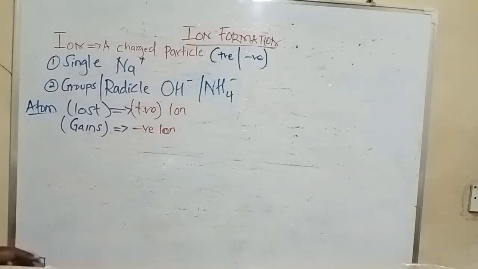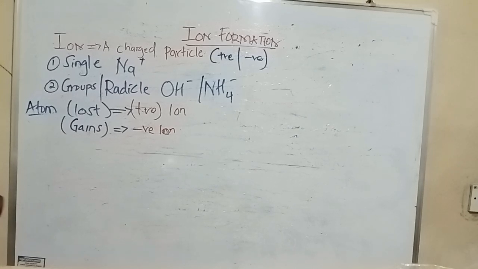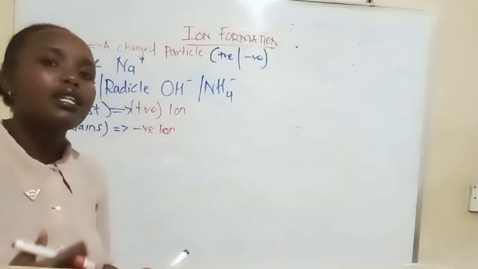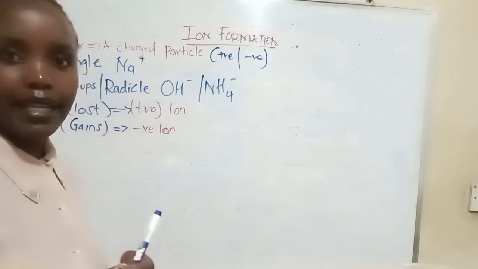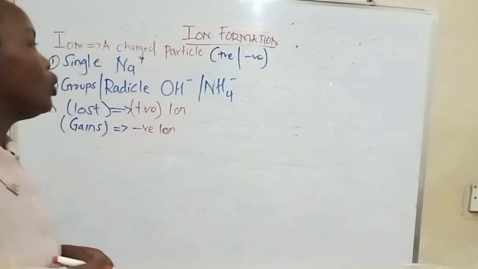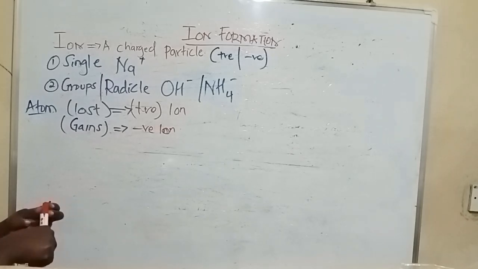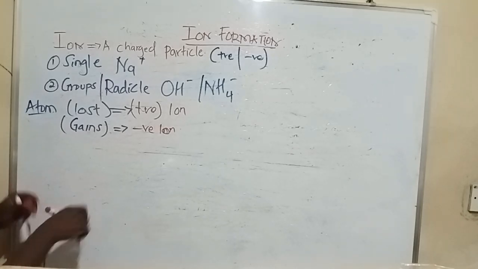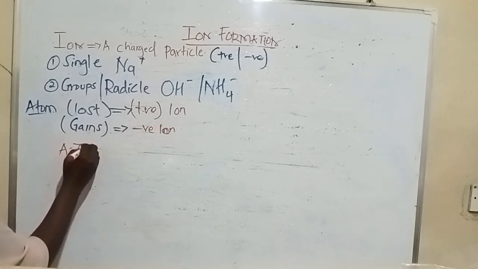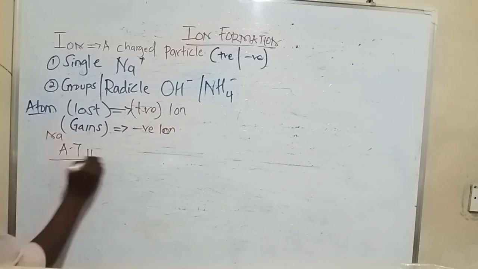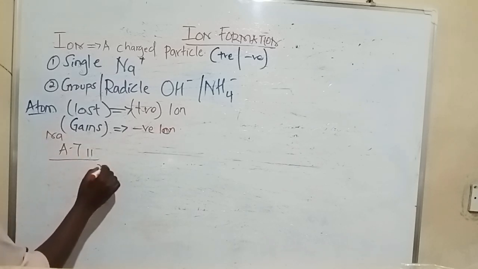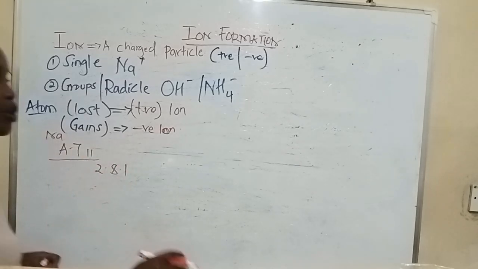Now, keep in mind that the process of gaining and losing electrons involves energy. So let us talk about sodium. Sodium is atomic number 11, so the configuration will be 2:8:1 for sodium.